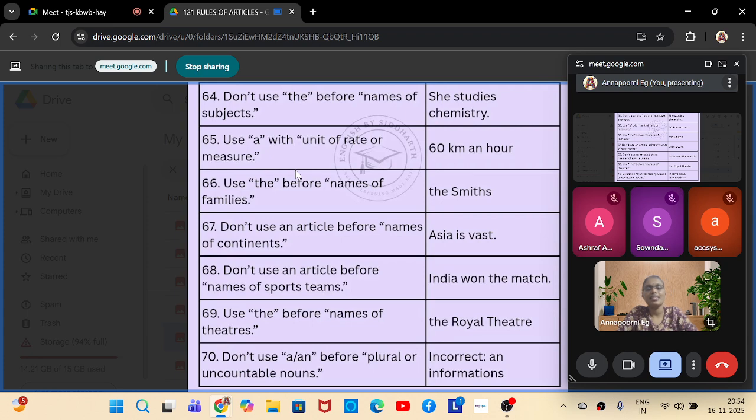India is the name of a sports team. So India won the match. England lost the match. South Africa won the match, won the test.